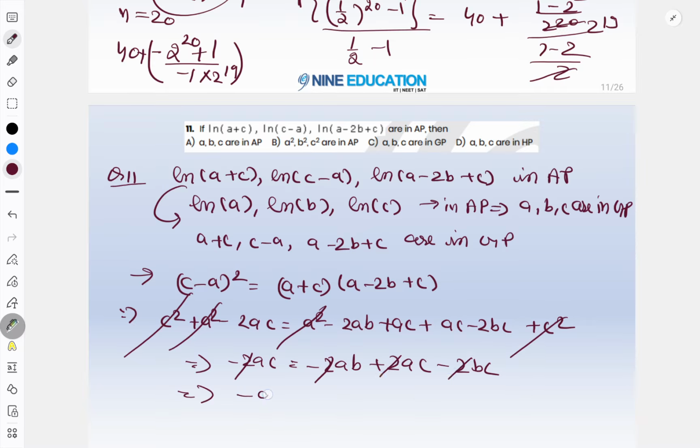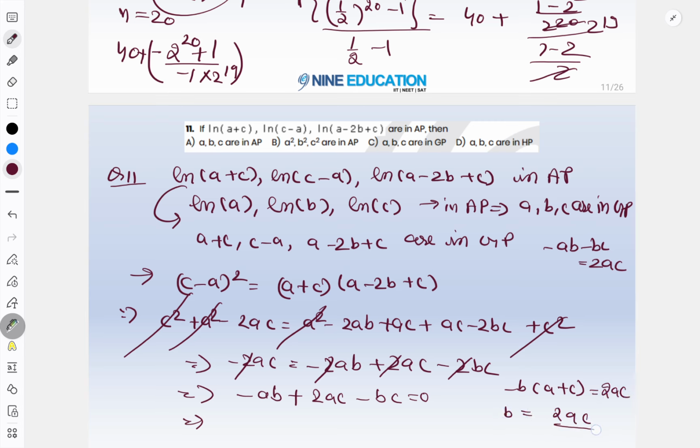So we are having minus AB plus 2AC minus BC equals 0. Minus AB minus BC is equal to 2AC. Take minus B common. So what you are getting is A plus C equals 2AC, or we can say B is equal to 2AC by A plus C. If we go that side, it will be minus again, so the minuses cancel.